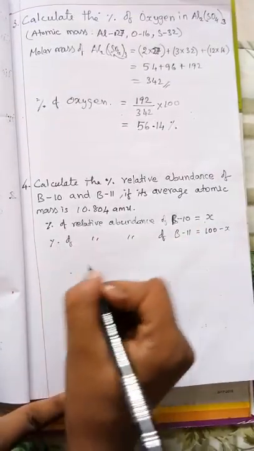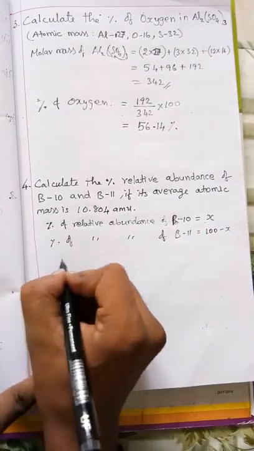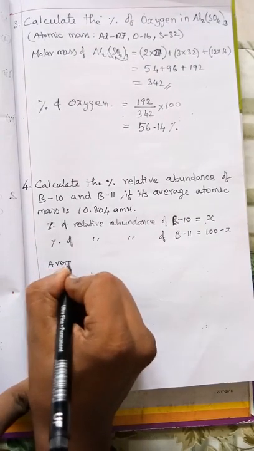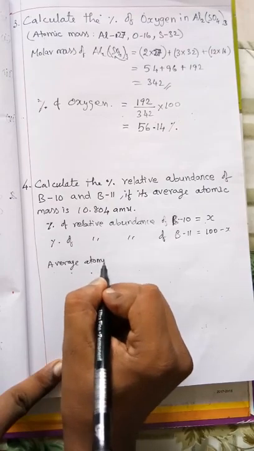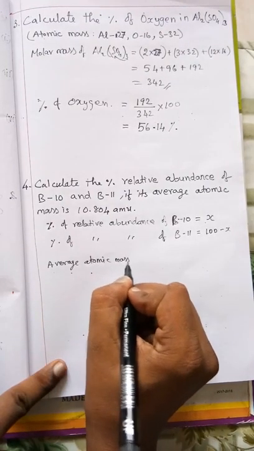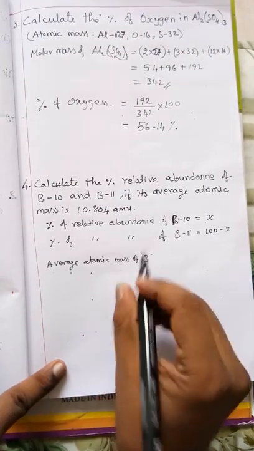So now we want to substitute the values. We want to find the average atomic mass of common boron.